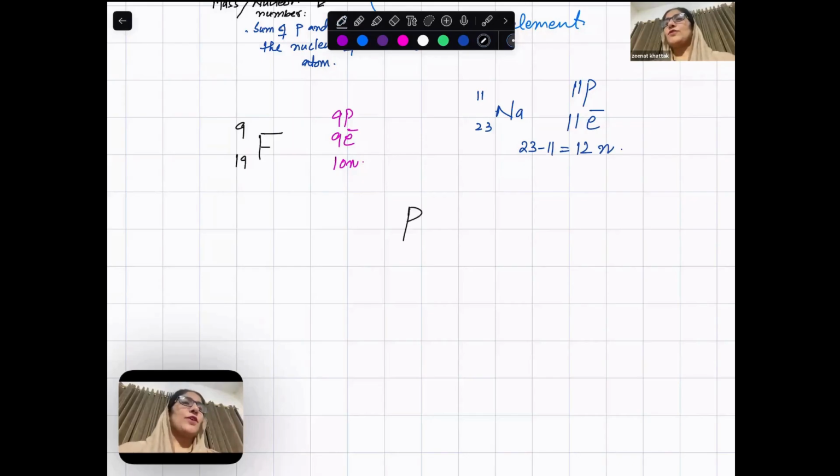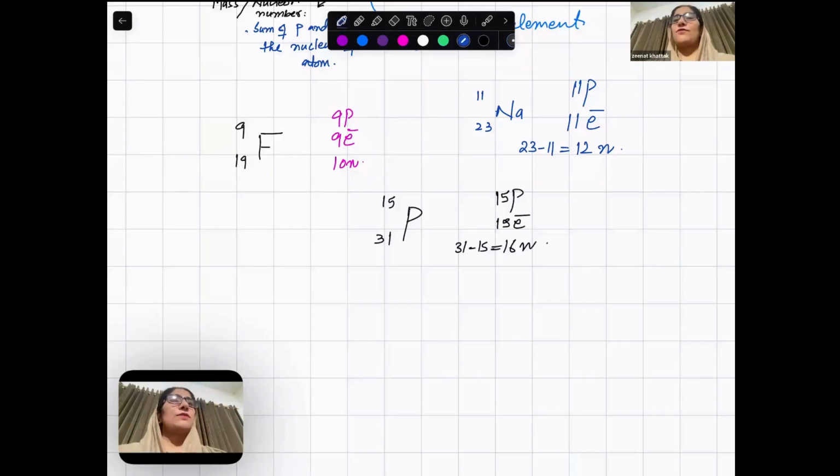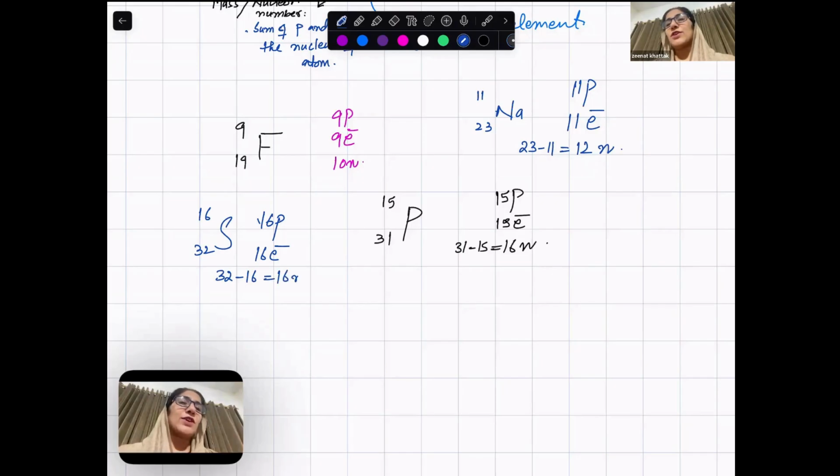Suppose phosphorus, 15 and 31. 15 protons, 15 electrons, 31 minus 15, 16 neutrons. For example, sulfur, 16 and 32. 16 protons, 16 electrons, 32 minus 16 is 16 neutrons.